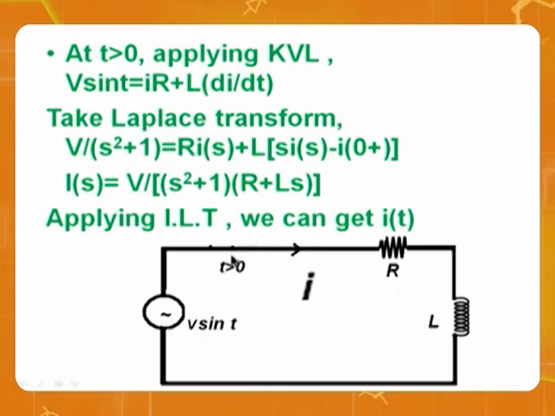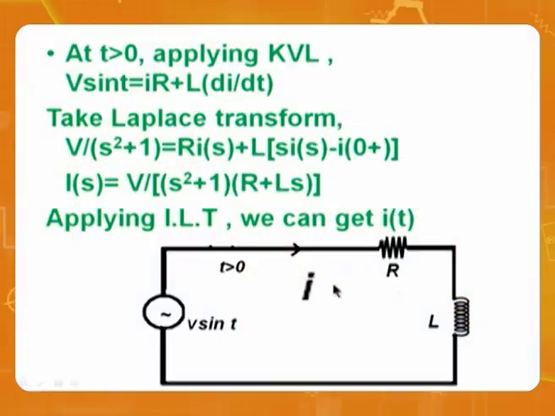Switch is now closed. Inductor is there. It is neither open circuit nor short circuit. Why is the inductor neither open nor short? Because you are taking t greater than 0. That means in general it is neither open nor short. So V sin t, this is the meaning.